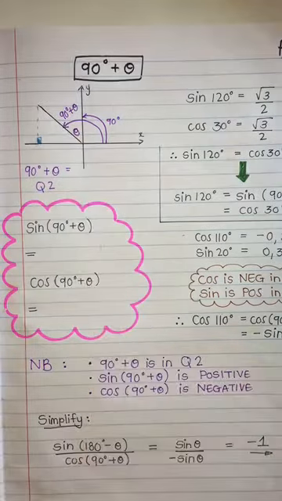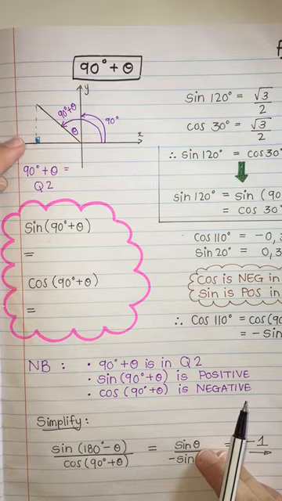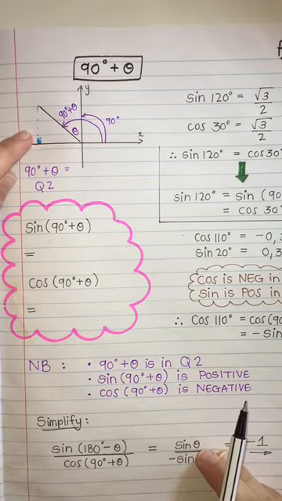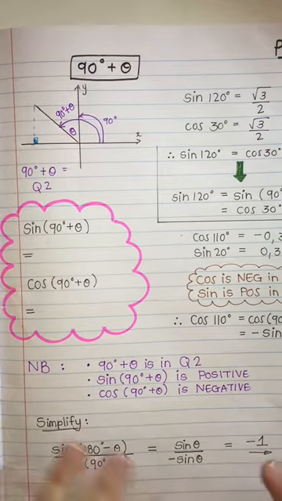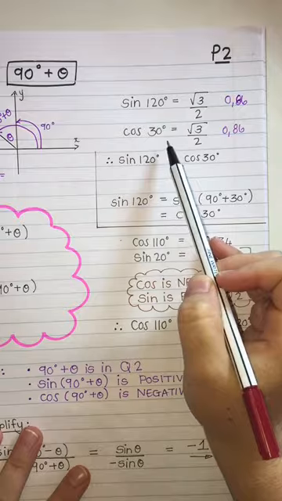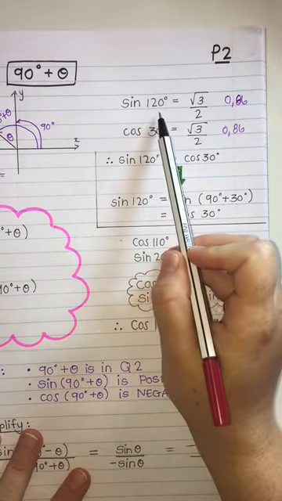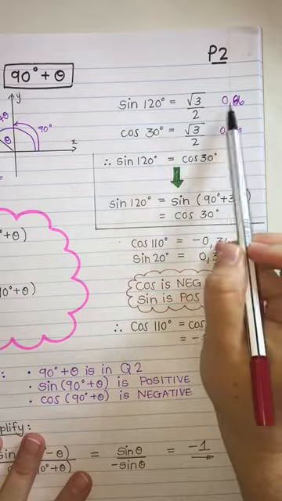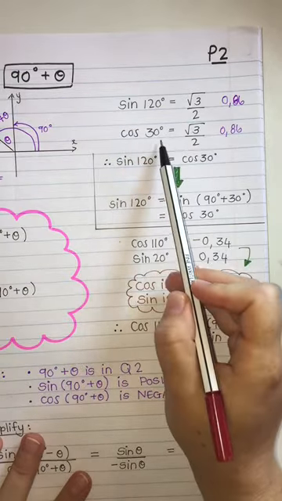So you can see it falls in this quadrant, and keep in mind which one of sine, cosine, tan is positive here, because that will have an effect. Let's see over here. These two angles are exactly the same. They give us the same answer. Sine of 120 degrees equals exactly the same as cos of 30 degrees.